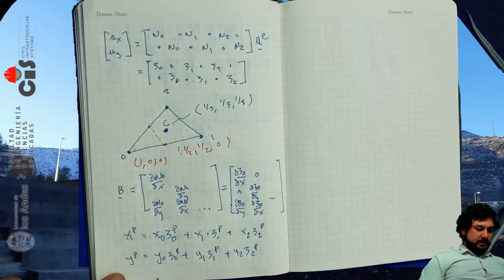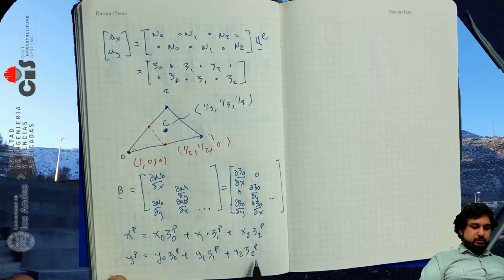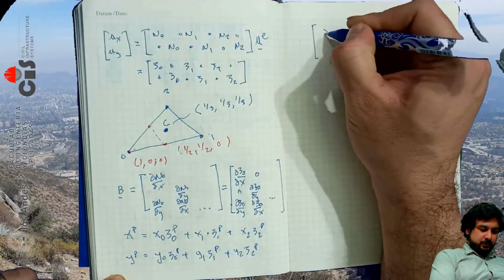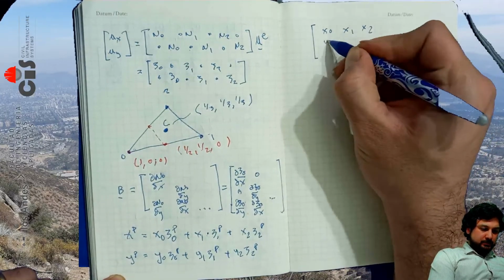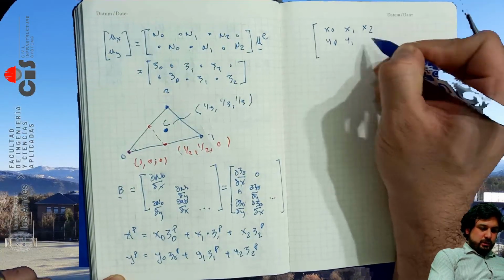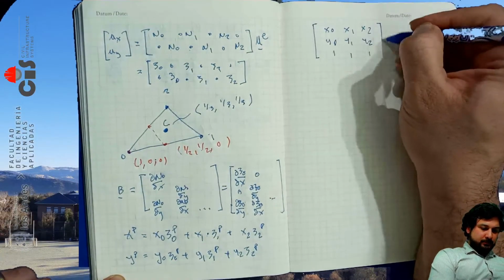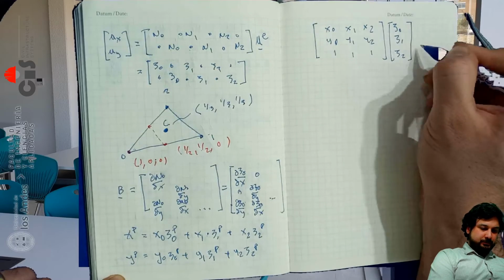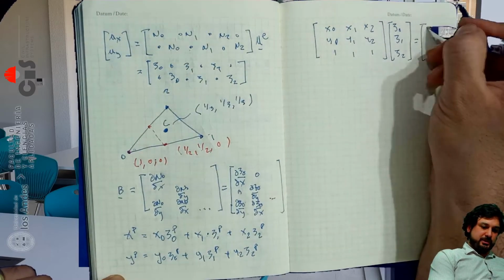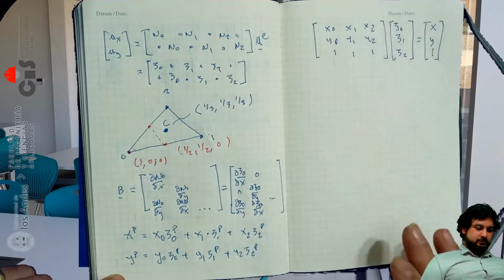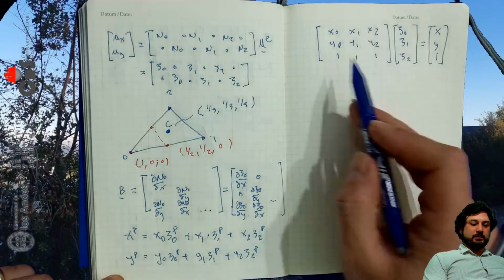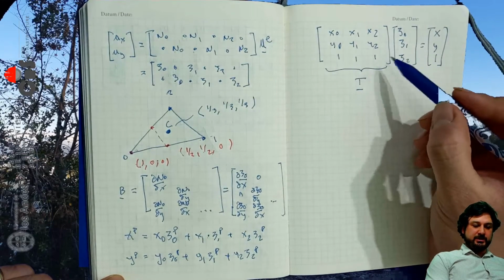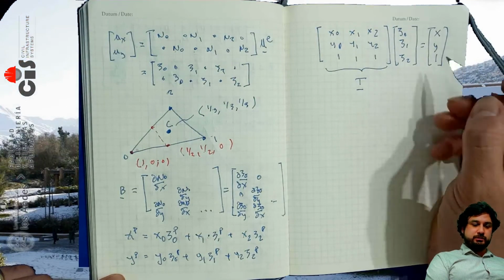And we also have the condition that the three triangular coordinates have to add up to 1. So we can write this as a transformation in the following way: x0, x1, x2, y0, y1, y2, 1, 1, 1. And here we're going to have zeta0, zeta1, zeta2. Zeta is the correct Greek pronunciation, by the way. There we go. So this matrix over here, we're going to call it the transformation matrix. It relates the zeta coordinates to the xy coordinates.